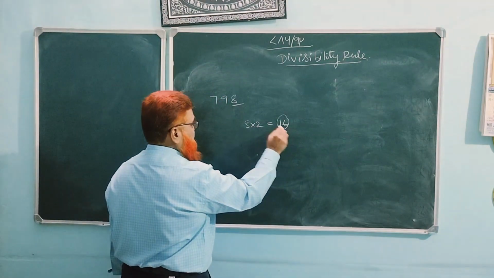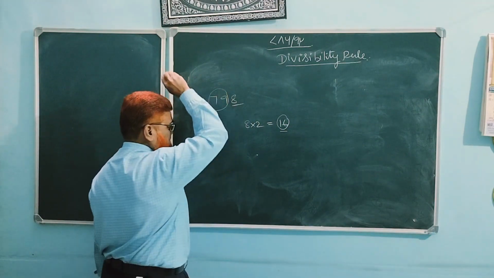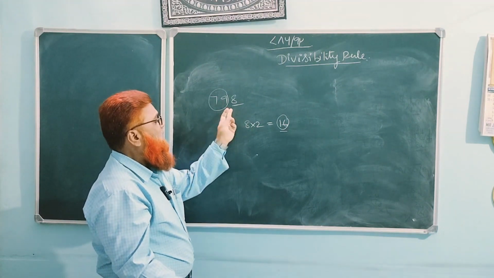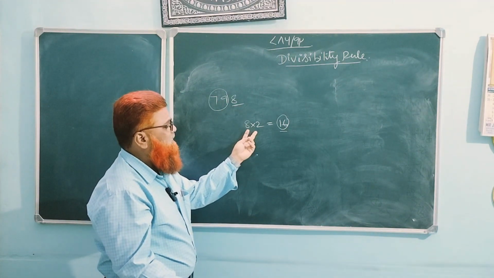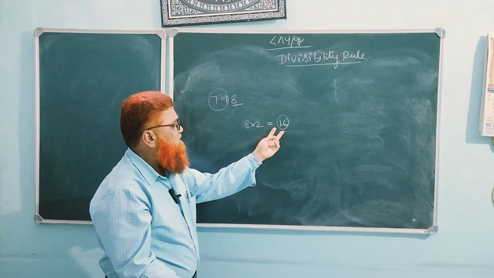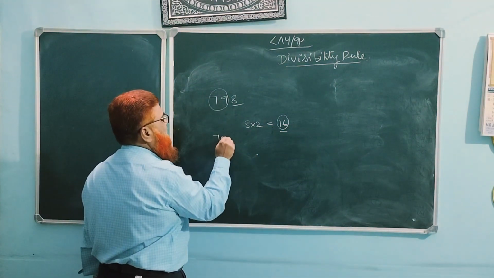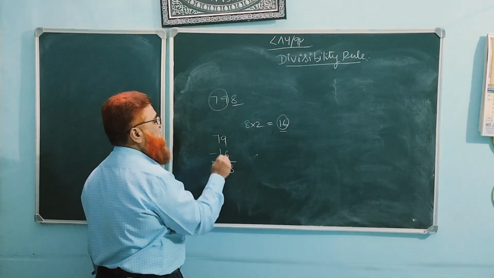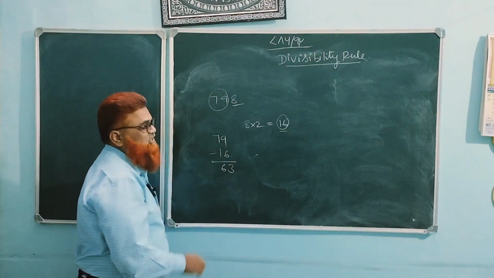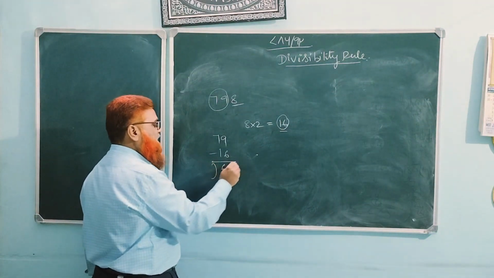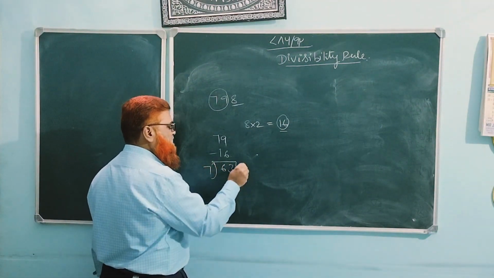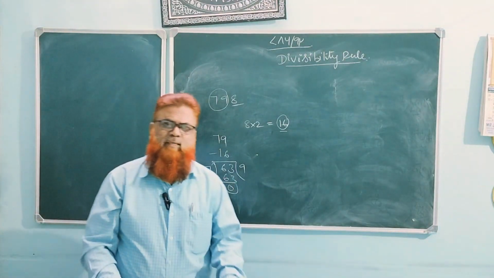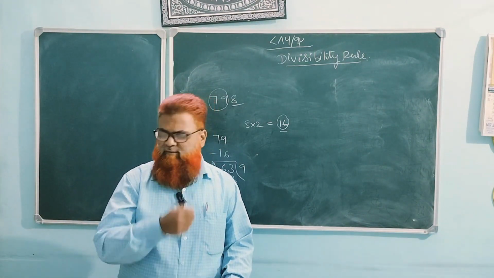Then subtract this 16 from the remaining number. 798, listen carefully, I have taken the unit place and doubled it. Then I got 16. What is the remaining number? 79. Then subtract this 16 from this 79. This is 3, this is 6. 63. Now you test: is 63 divisible by 7? 7 nines are 63. Yes, absolutely. This is divisible by 7.